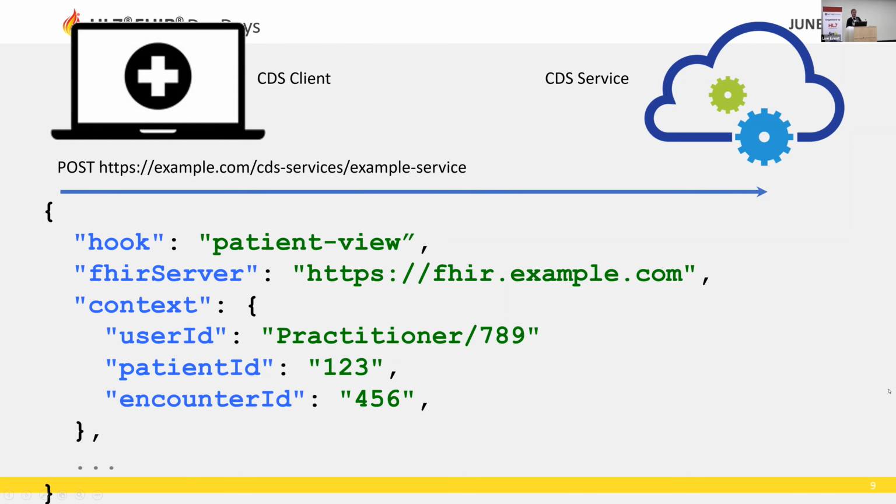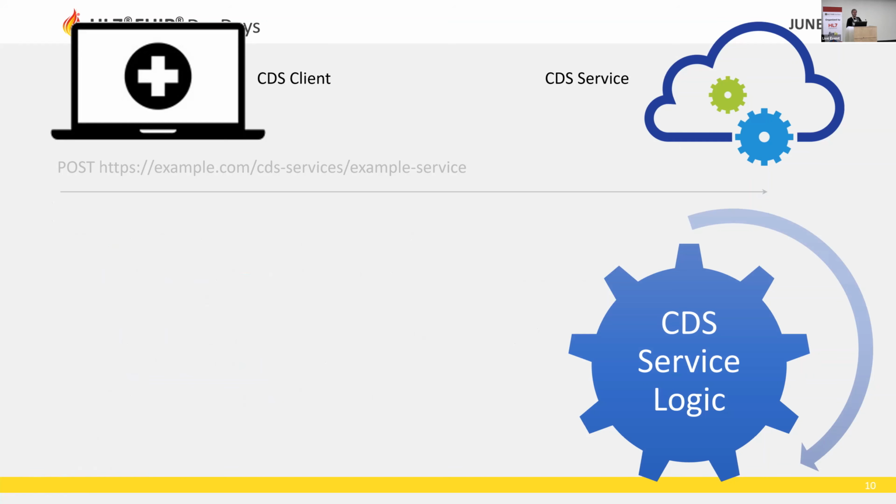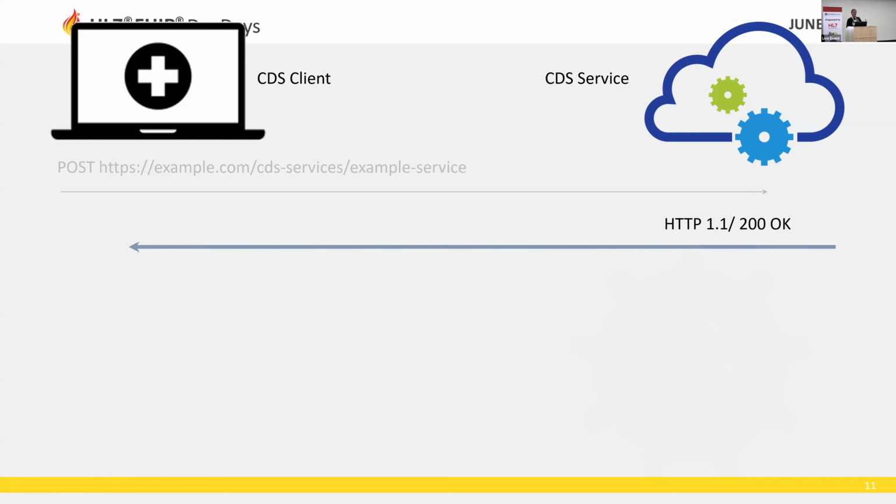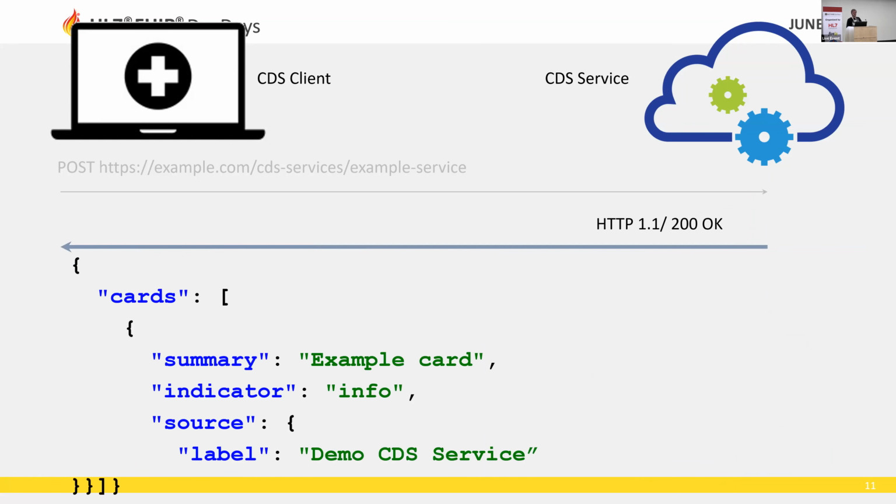That's the information the CDS client sends to the CDS service. The CDS service then runs its logic and returns a CDS card. So a summary card in this case, for example, an indicator of info. We'll look at those in a bit more detail.